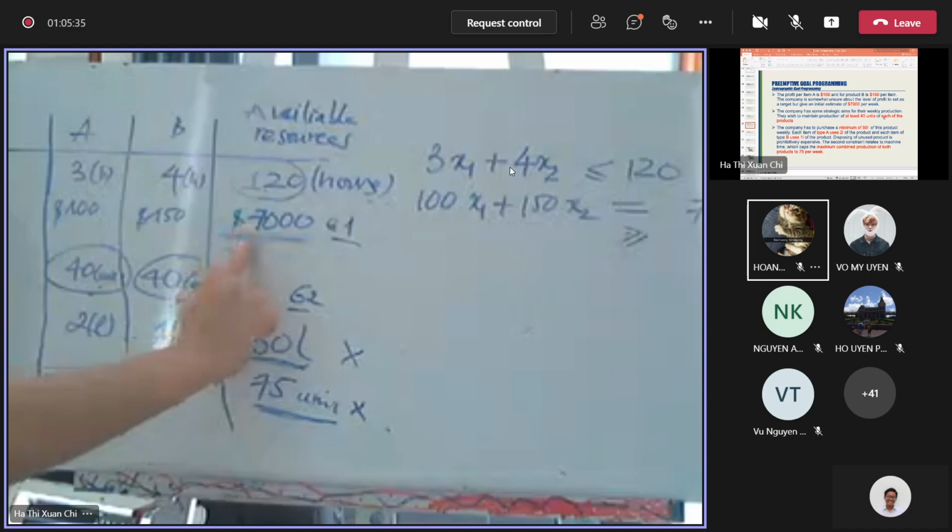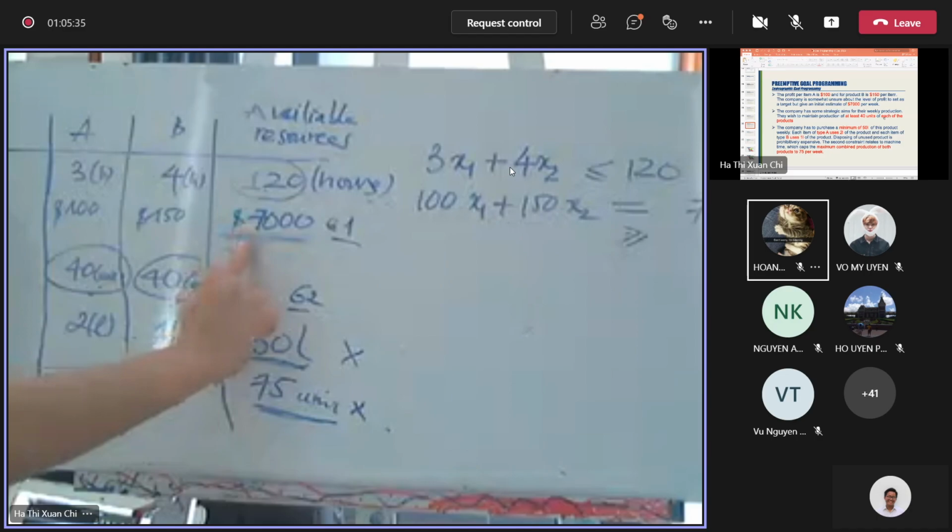So here they don't have any goal, so we call that the hard constraint. Here we call that a soft constraint or goal constraint, it is the same.